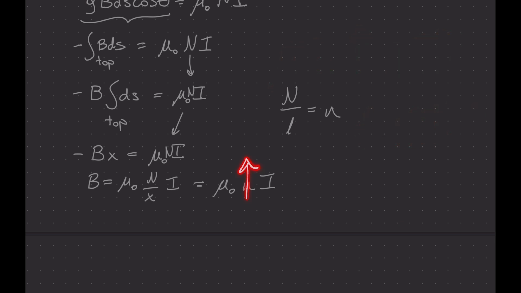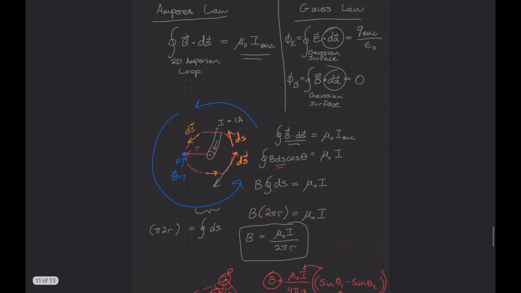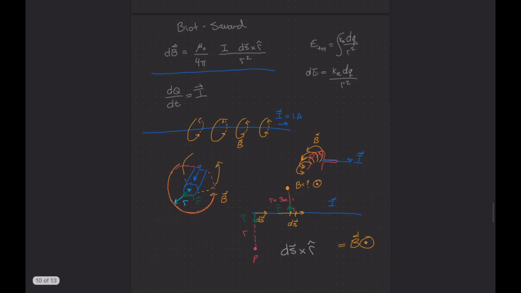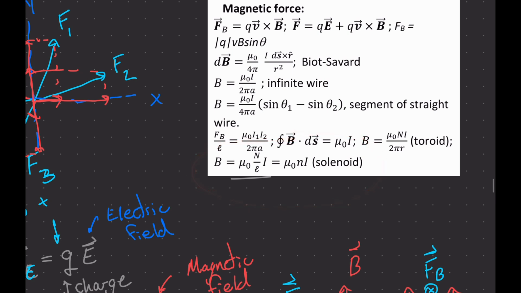So if I increase this, I either increase the number of turns or decrease the length of the solenoid for the same number of turns. I increase the magnetic field of the solenoid, and mu naught is just a constant. So this is a very quick way of using Ampere's law. Ampere's law I introduced over here to find the equation of a solenoid, but it's also just written for you over here.